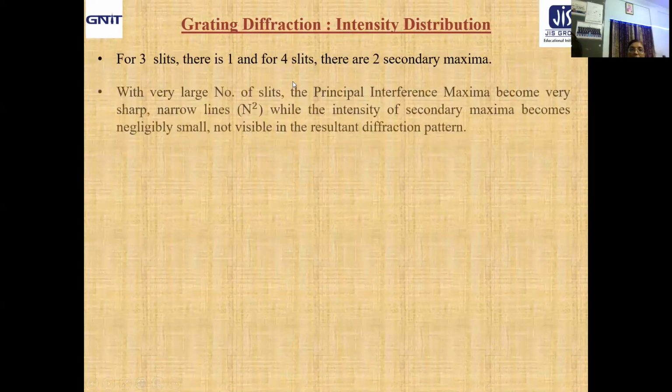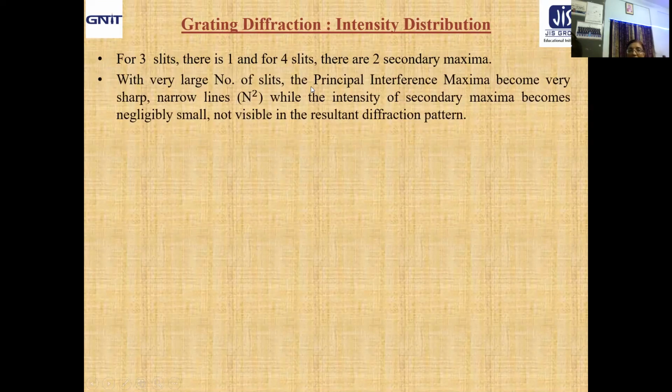With a very large number of slits, in the same way, the principal interference maxima become very sharp, narrow lines. Their intensity is proportional to n square, as we have already seen, while the intensity of secondary maxima becomes negligibly small because the total energy or intensity of incident light is conserved.